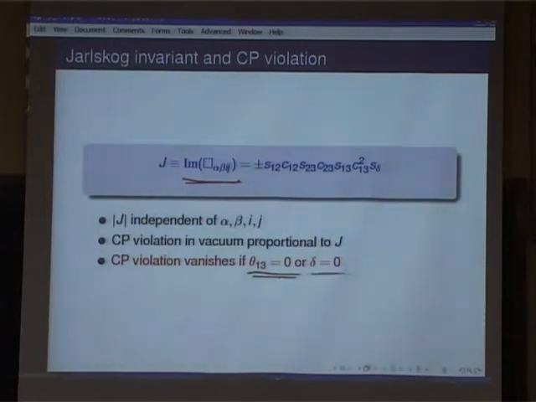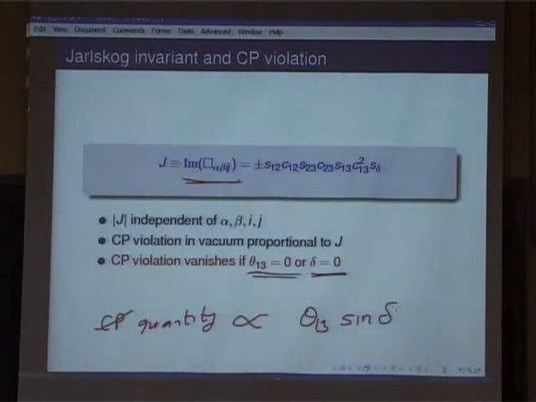The second thing, which again should be obvious, is that if delta is 0, this is 0. This is clear because if delta is 0, then you have no complex phase, so everything is real. So a CP violating quantity is always proportional to sine delta. Any CP violating quantity has a theta 13 dependence and a sine delta dependence.